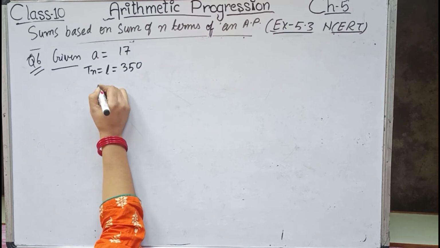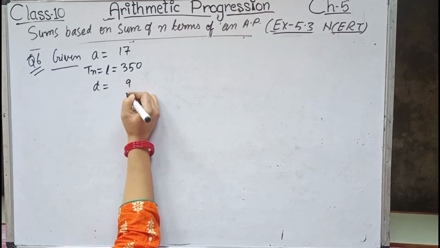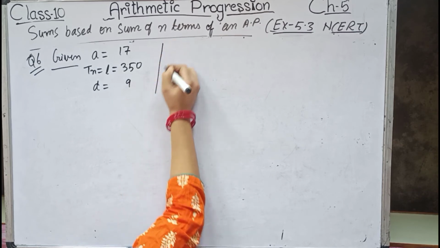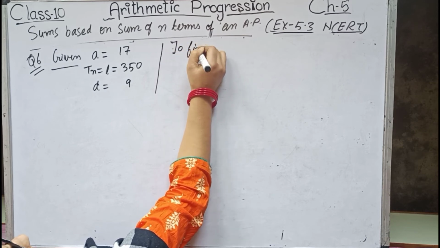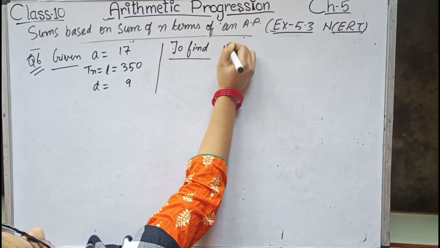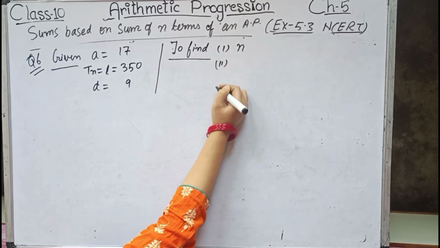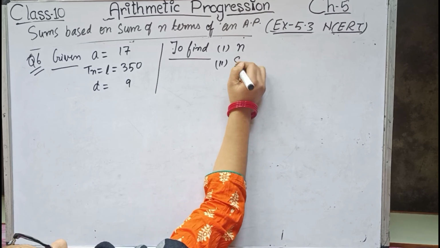Common difference D is given as 9. How many terms are there and what is their sum? So, to find number 1, how many terms, and number 2, what is their sum, Sn.